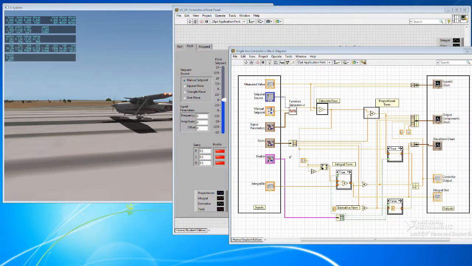The way that we would go about limiting the magnitude of our error value is we can just use one of these in-range or coerce blocks. I've actually got another video separate to this where I describe a bit about what they do, but basically they just take an input value and they cap it to be within a range. So if the value is within that range, it passes straight through, otherwise it gets capped.